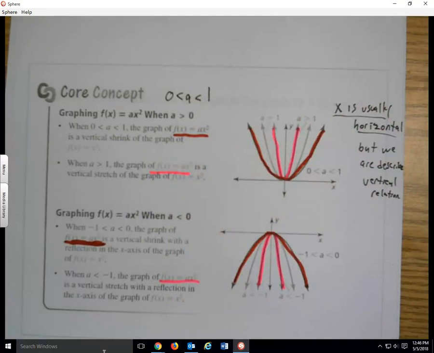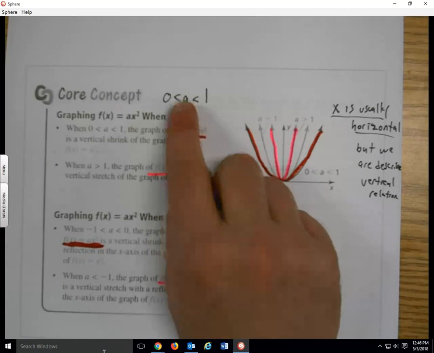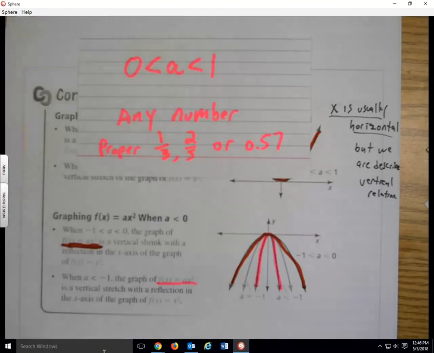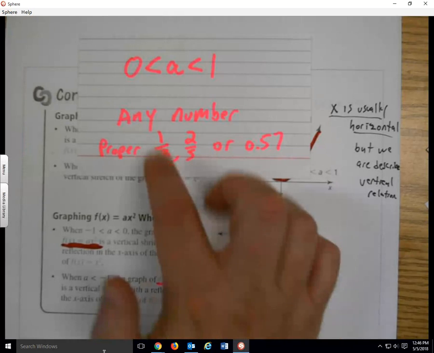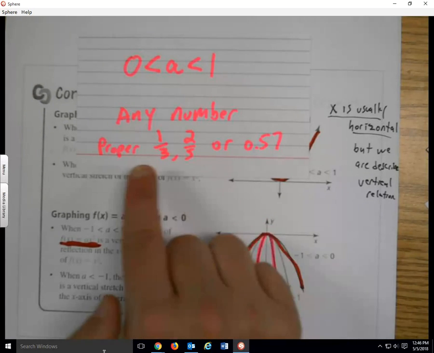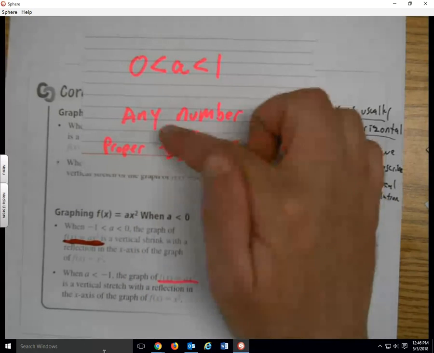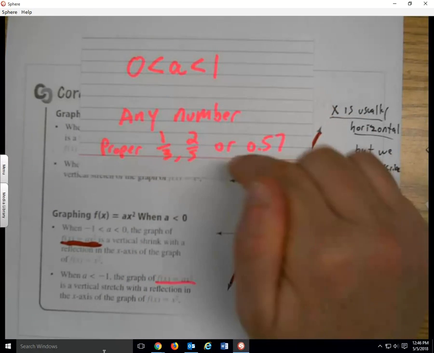When that happens, well, what number would that be? What numbers would be greater than 0 but less than 1? Well, those typically turn out to be any number that's like a proper fraction where it's not over 1, right? This is a number that's greater than 0, less than 1, 1/3. 2/5 is also. Or you could write it as a decimal.